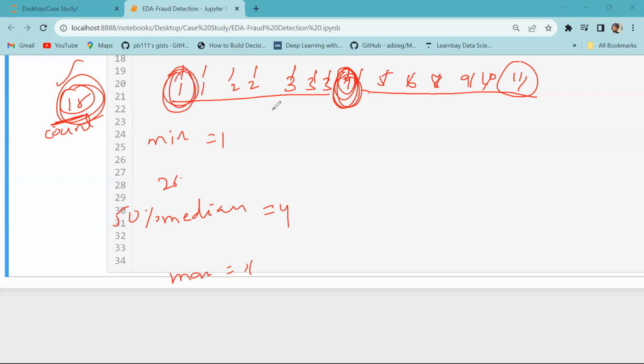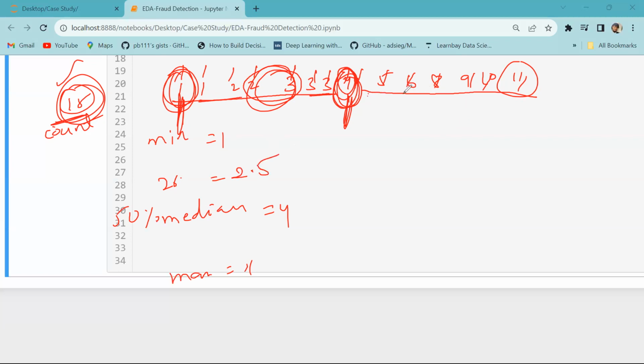For the 25th percentile, in between these two, it is exactly the middle number. So these two numbers are 2 comma 3, meaning 2 plus 3 by 2, how much? 2.5.